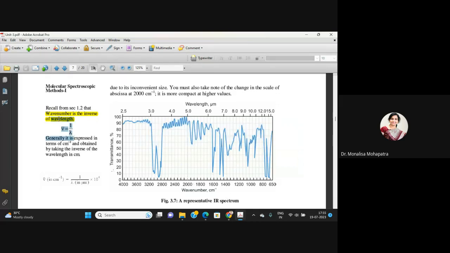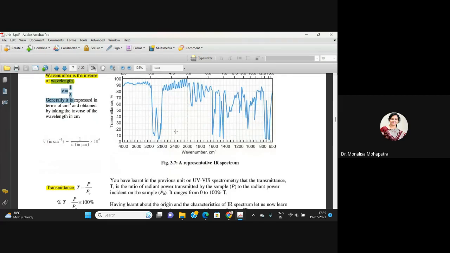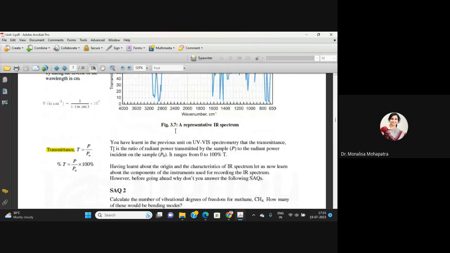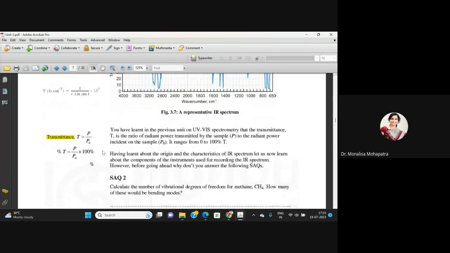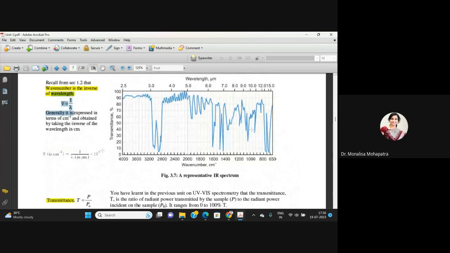Last class we discussed that wave number is just the inverse of lambda. So the IR spectrum is represented by transmittance and wave number. Yesterday I told you what transmittance is. So you are going to get many peaks here.